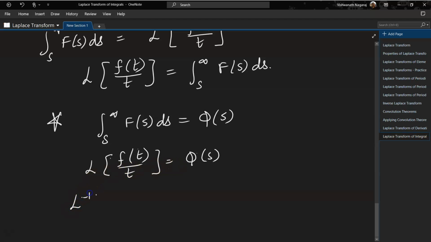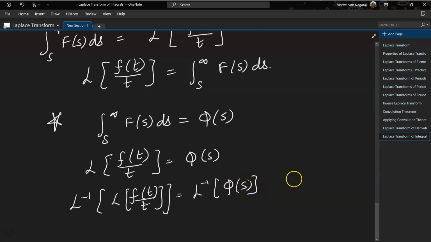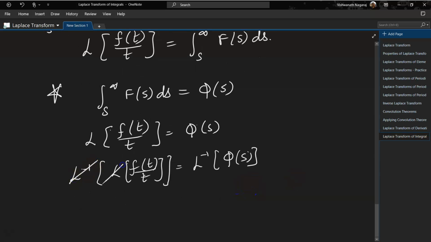So Laplace inverse of Laplace of f of t by t is equal to Laplace inverse of phi of s. So Laplace inverse Laplace gets cancelled and we are left with f of t by t is equal to Laplace inverse of phi of s.